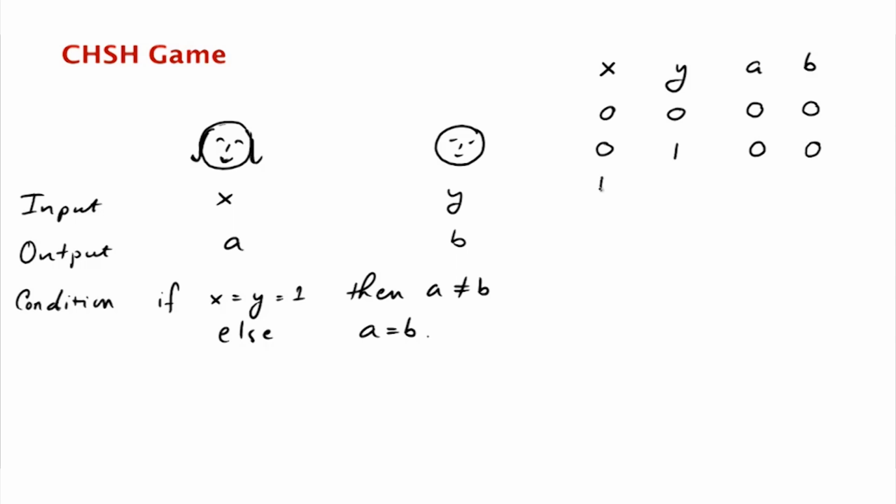What about in the case where Alice has input 1 and Bob has input 0? Now Bob has the same input as in the first row. And since he cannot see Alice's input, he must output the same as in the first row. So he must output 0. But now Alice is supposed to output a matching bit. So the only way she does not make an error is if she outputs a 0. But now what about in the case 1, 1? What must Alice output?